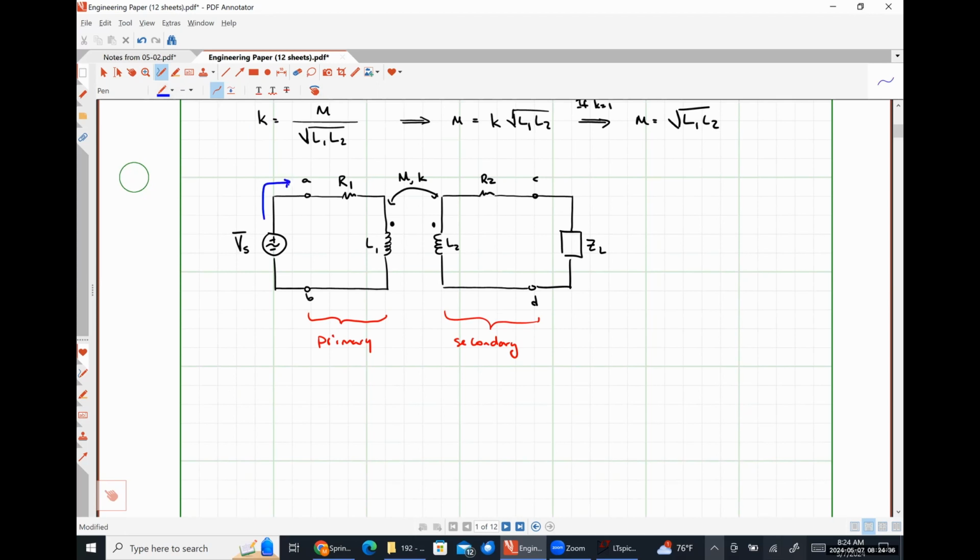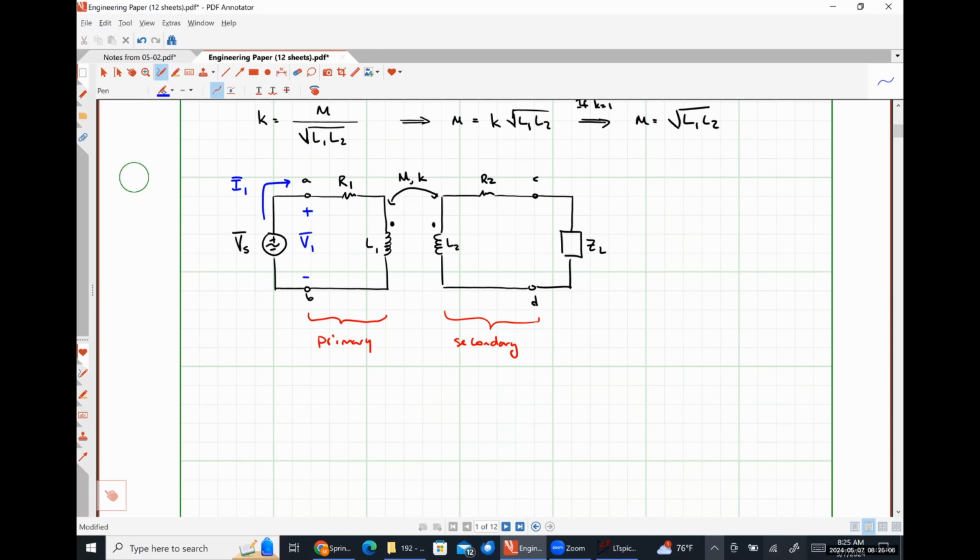So let's say that this is the current I1, and this is the voltage V1. So that's the voltage drop across the terminals of the primary windings, and the current flowing into the terminals of the primary windings.